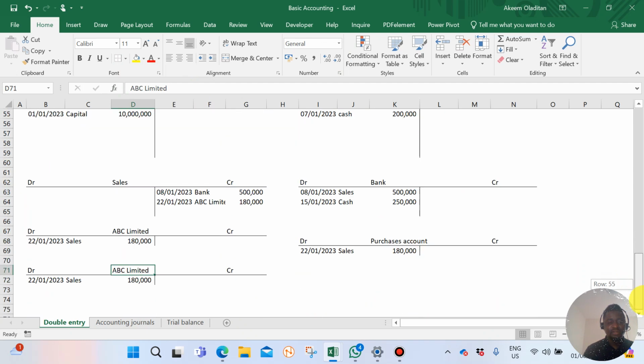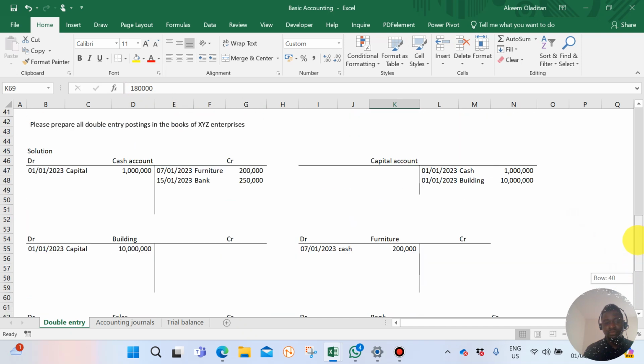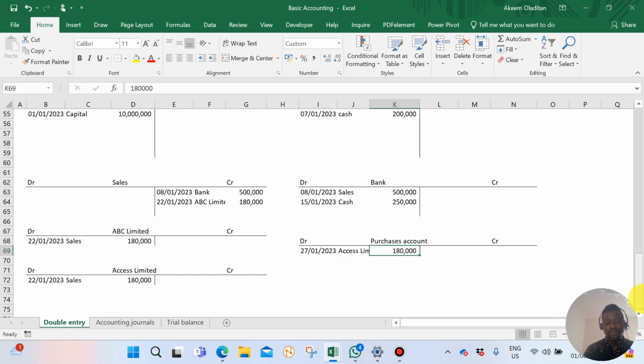Yeah, Access Limited. So we purchase on the 27th of January from Access Limited goods worth $200,000. So Access Limited.